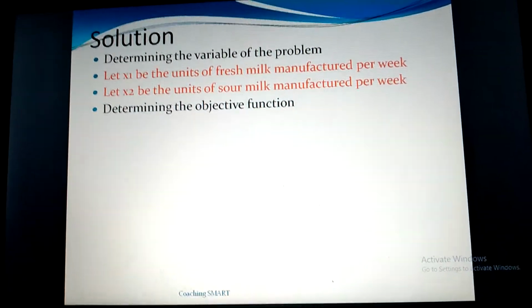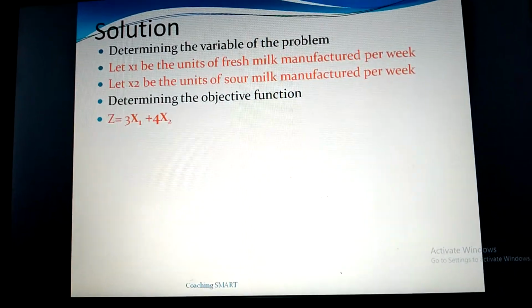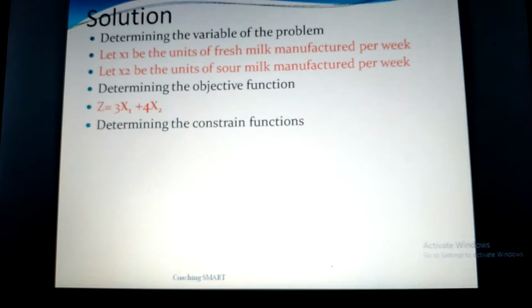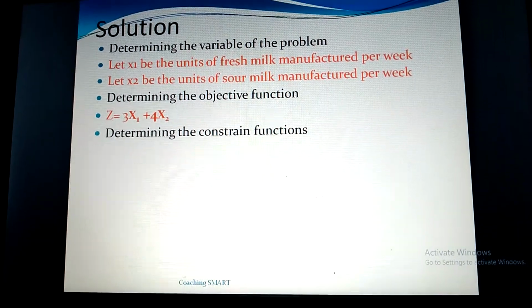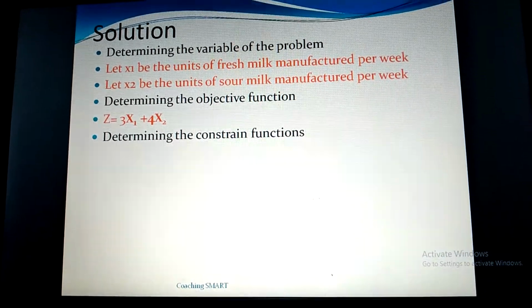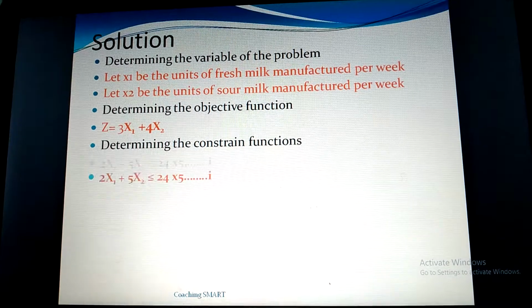Determine the objective function. How do you get that? We said the objective function will be Z equals 3x1 plus 4x2, the profit to be maximized. So our objective function is maximization, not minimization. Determine the constraint functions. How do you get that?